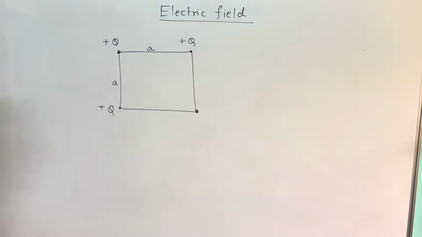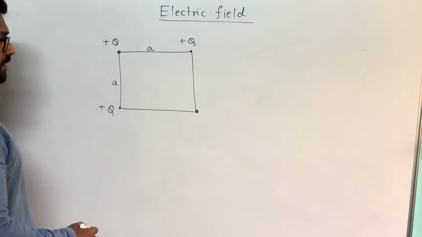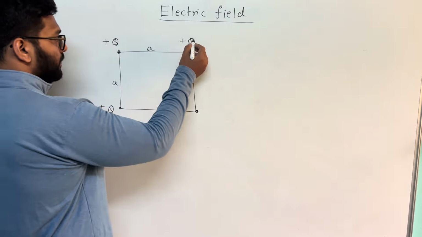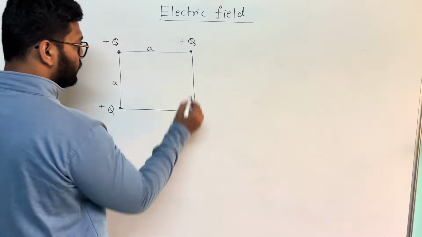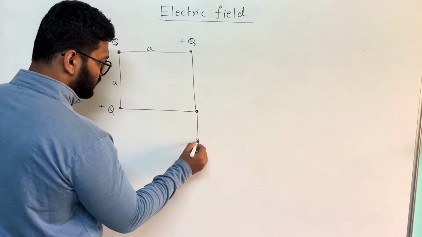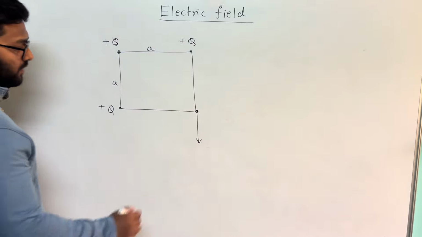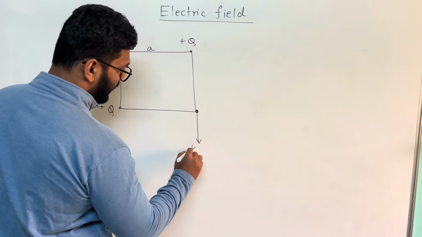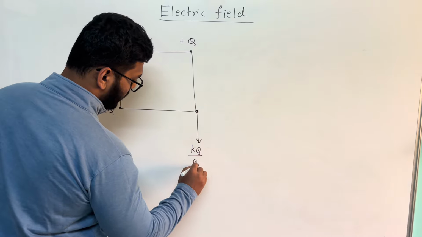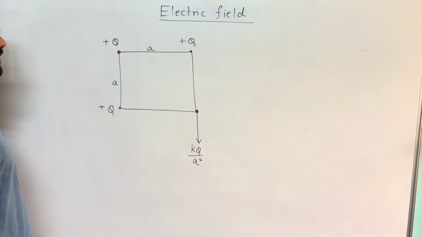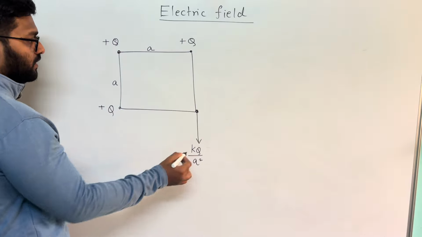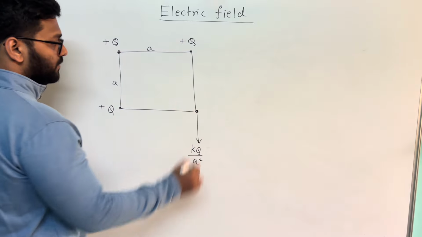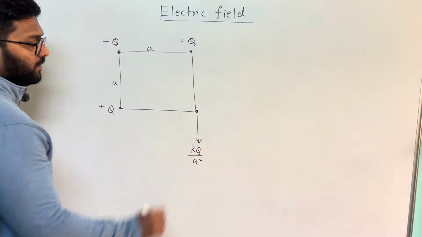How will we do that? Let's see. First you find the electric field due to this charge. The electric field due to this charge is in the downwards direction, so that will be kq by a square. The distance between this charge and this point is a, so that is kq by a square.